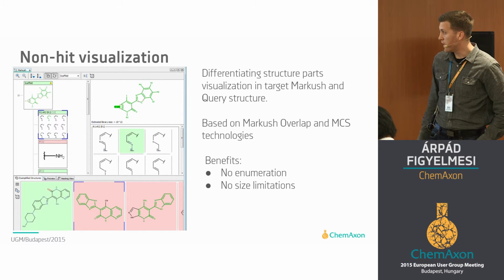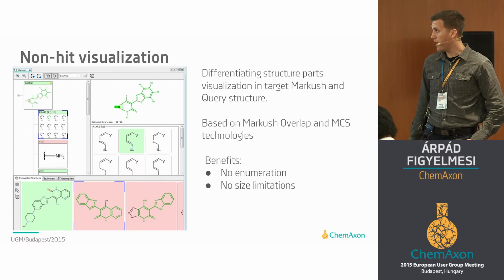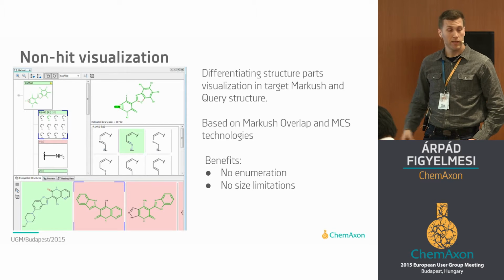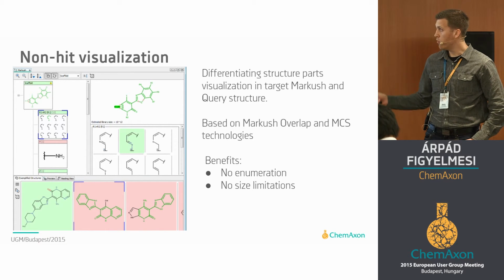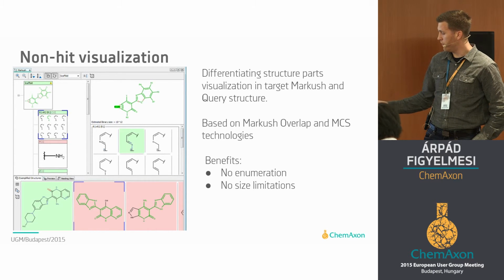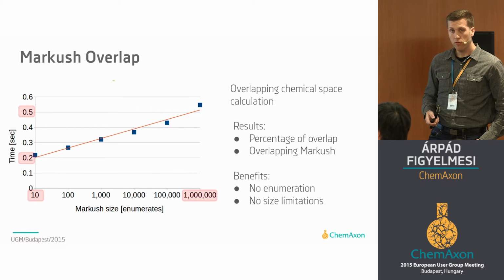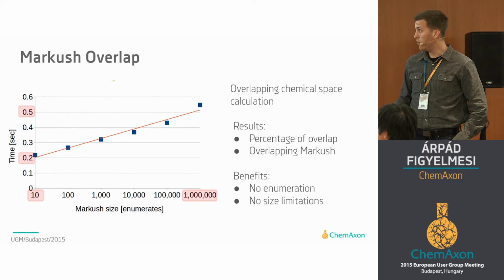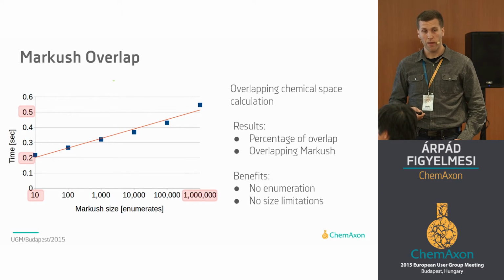The benefits of this technology: there is no enumeration behind it, and that's why there is no size limitation. You can get a really quick result based on your selection. This technology is partially based on the newly developed Markush Overlap.